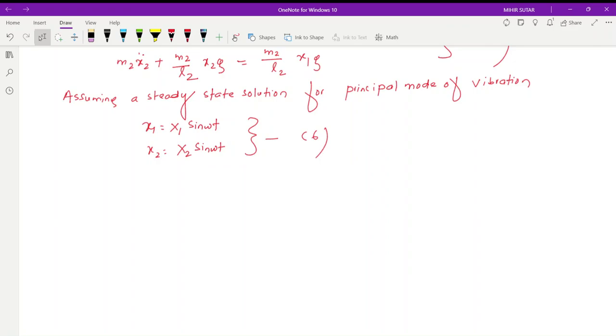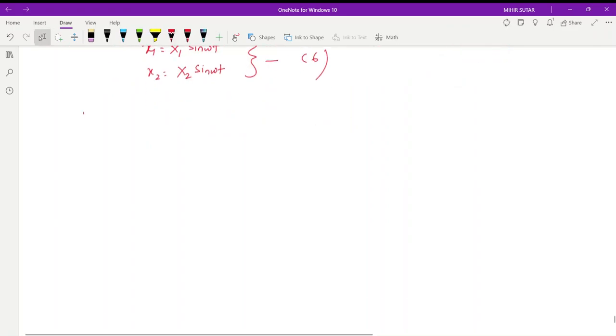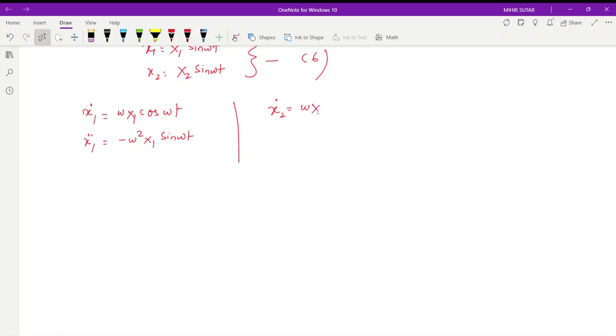Equation 6. So from equation 6 we have x1 dot as omega X1 cos omega t, x1 double dot will be minus omega square X1 sin omega t, x2 dot will be omega X2 cos omega t, x2 double dot will be minus omega square X2 sin omega t. Let's say this is equation 7.